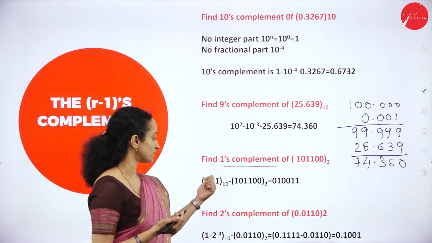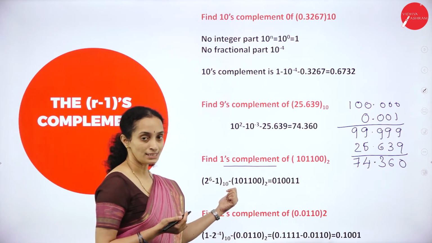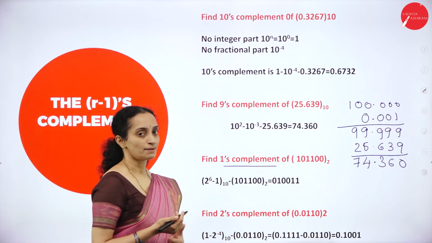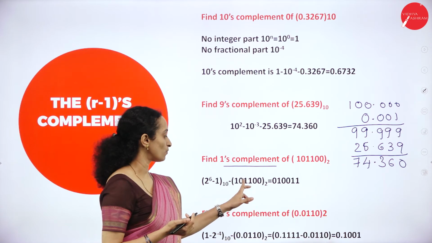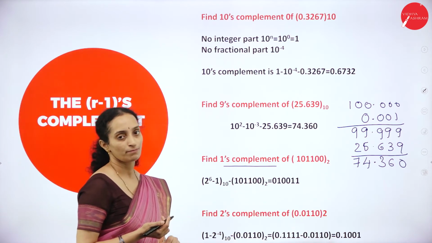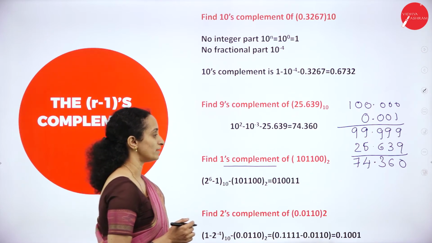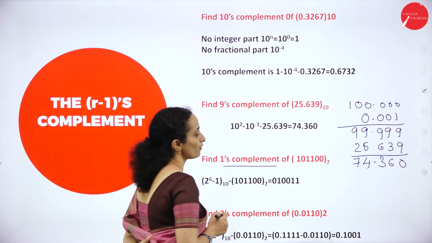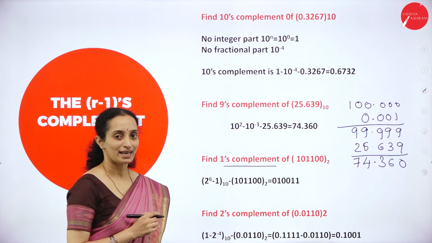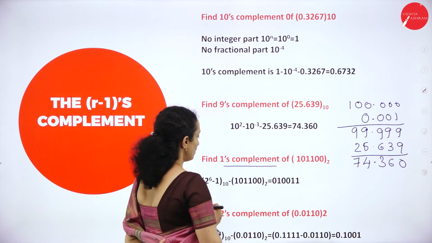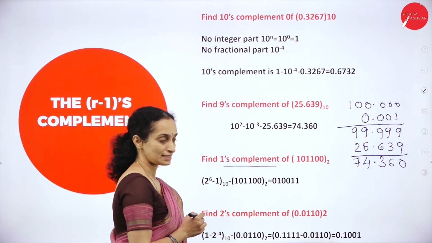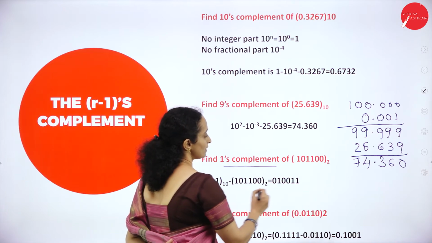Subtract 101100 from this, and you will get 010011.